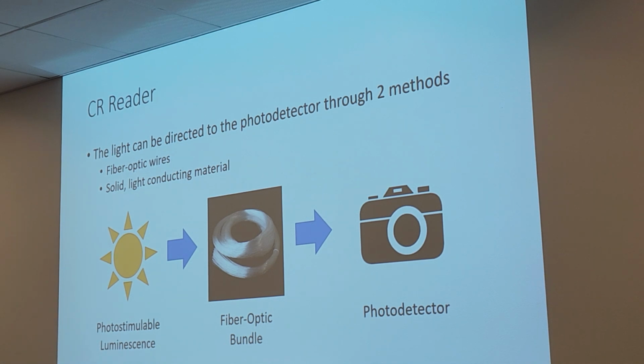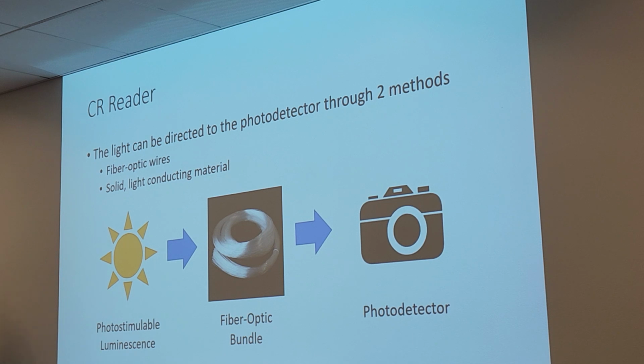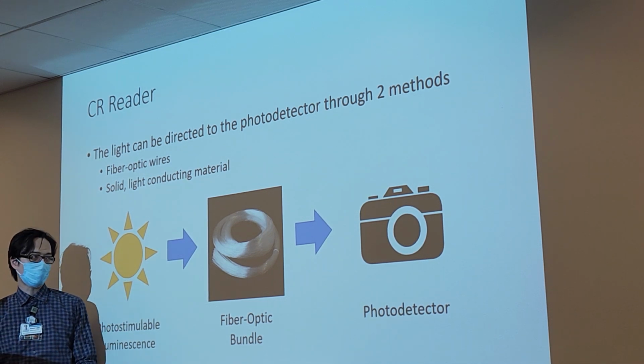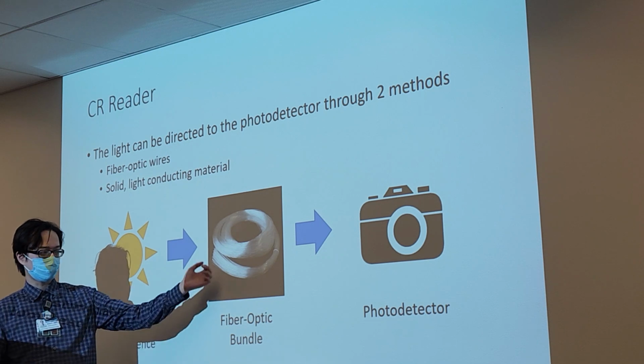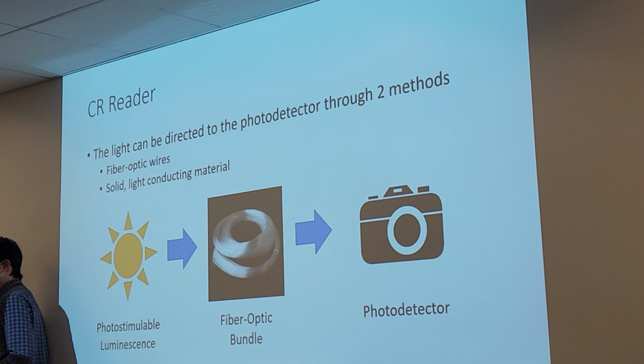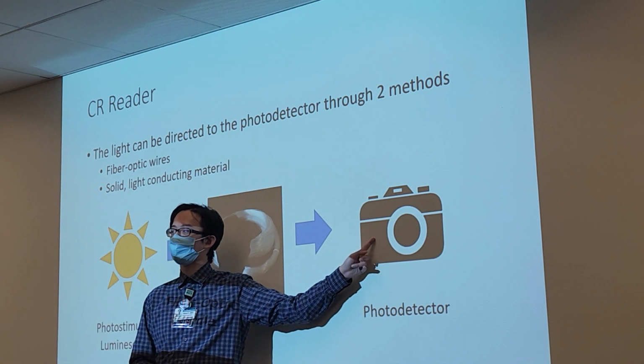Okay. So now that we've collected light, now that light is coming off our PSP plate, we need to do something with that light. We have to do something with this photostimulable luminescence. What happens is we've got these fiber optic wires, made of glass, and these wires will capture the light and feed it to a photodetector.